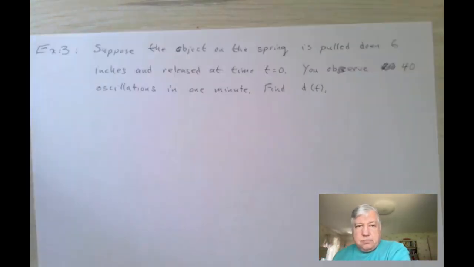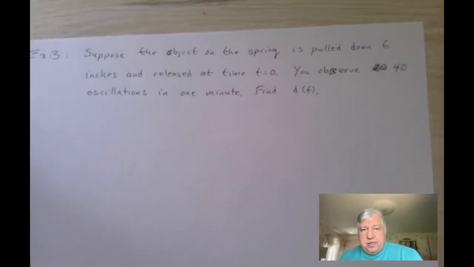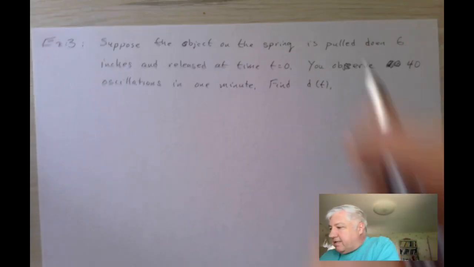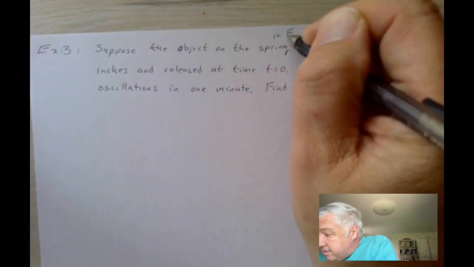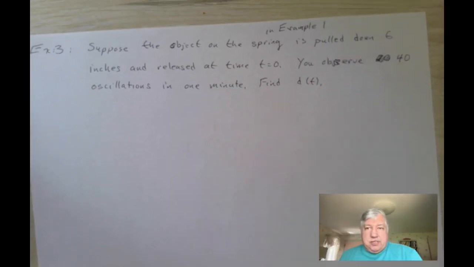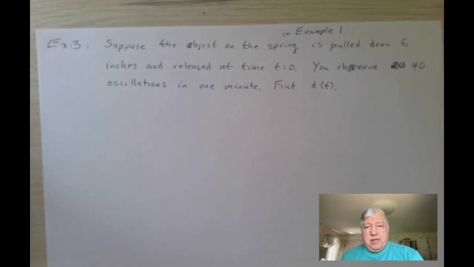Then another example would be this. Suppose the object on the spring, and I should say the spring is an example 1, is pulled down 6 inches and released at time t equals 0. You observe 40 oscillations in 1 minute.